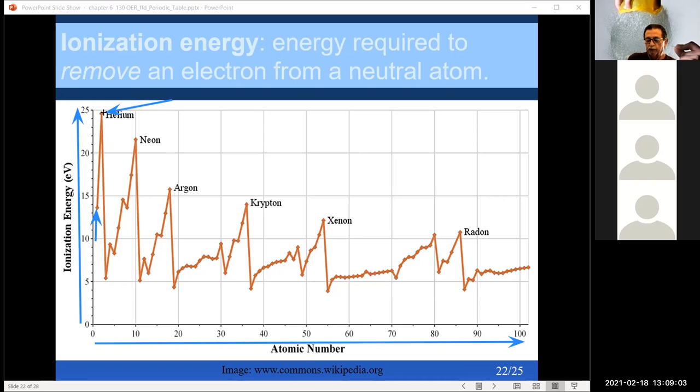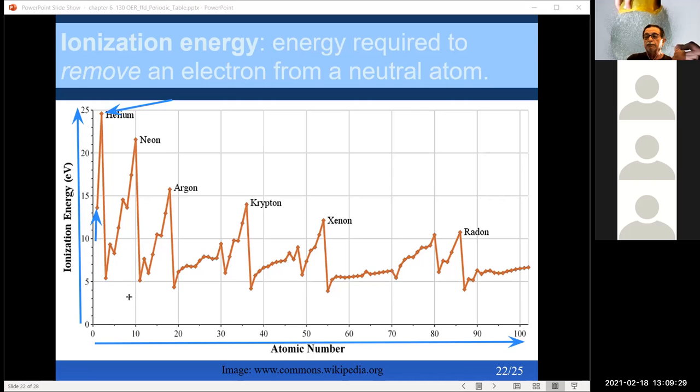It's one of the noble gases. Wow, the ionization energy for helium jumps up from 13, roughly double, all the way almost to 25 units. Again, more protons, more electrons, more energy to hold on to those electrons. They're not going to give them up that easily.